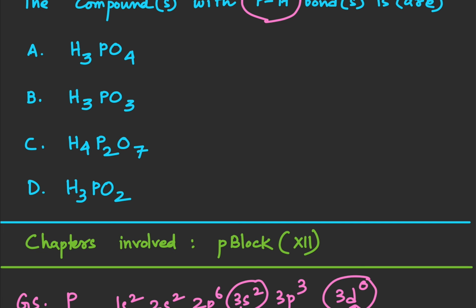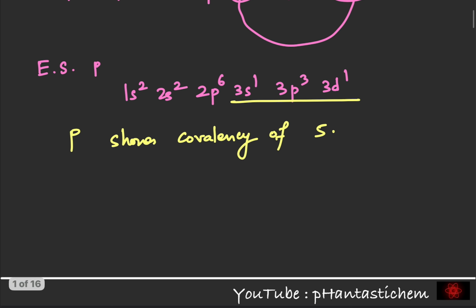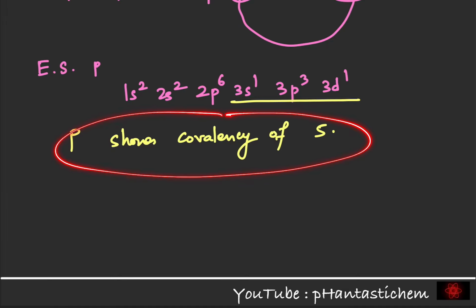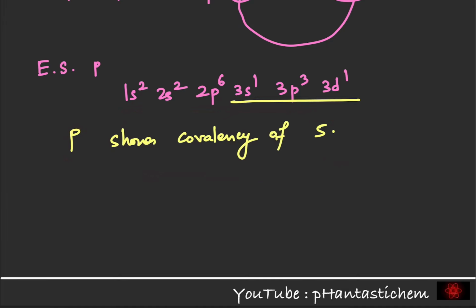Although it can also show a covalency of 6 in certain special coordination compounds, okay. That's a different discussion, but these are very common compounds of phosphorus. So in all four of them it will show a covalency of 5. So using this information, that is the covalency of phosphorus is 5, let's try to draw the structure of each option one by one, okay.